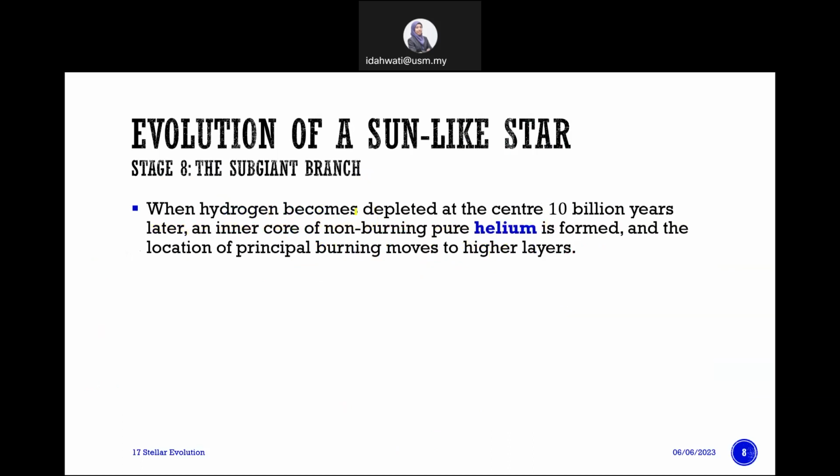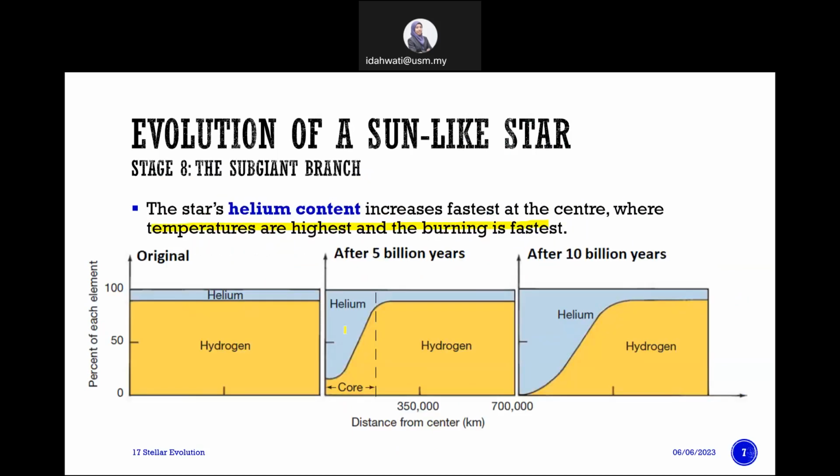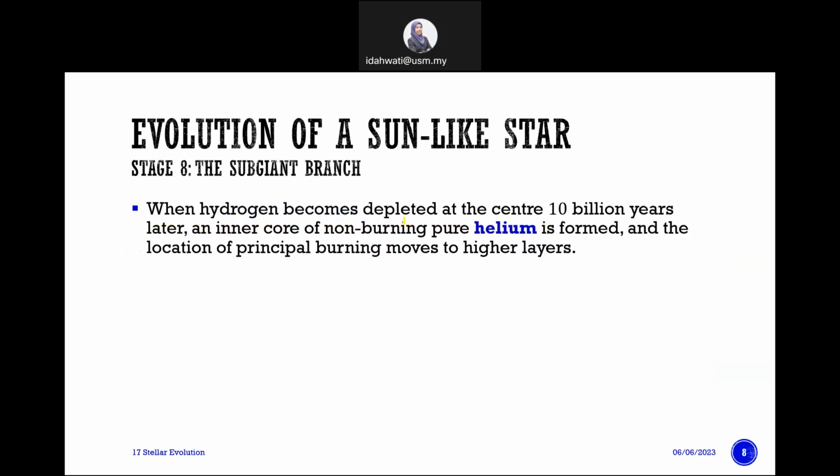So when the hydrogen becomes depleted at the center, as you can see here, the hydrogen in the yellow color at the core is being depleted, or decreased in terms of content.